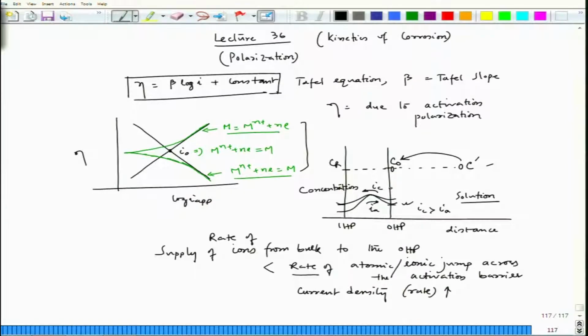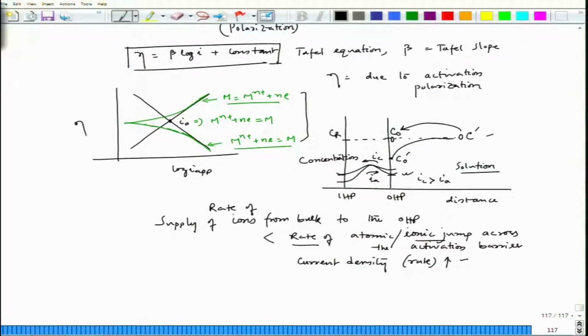This concentration would have a distribution like this. So, here it would become CO prime. So, this is the interface concentration due to this very high rate of current flow because of this higher rate of ionic jump across the activation barrier.